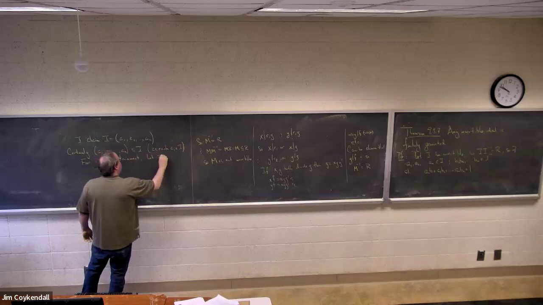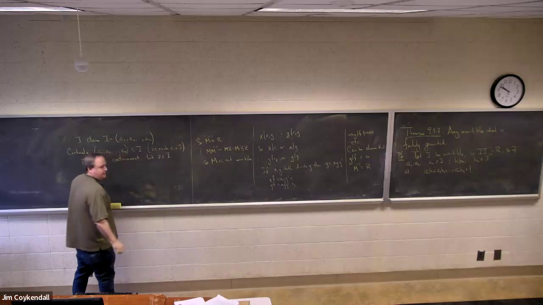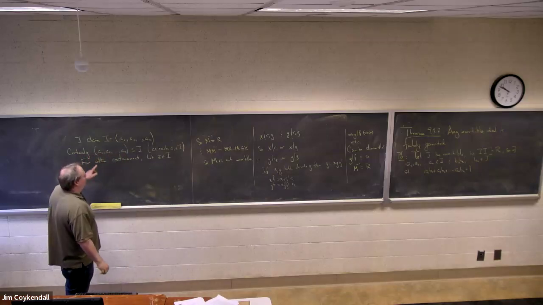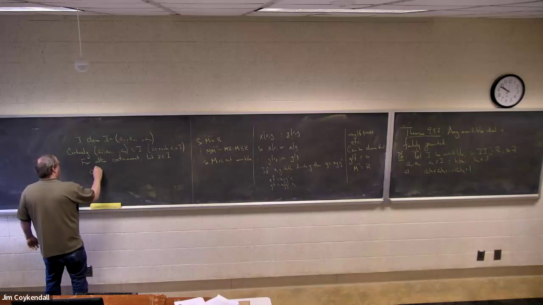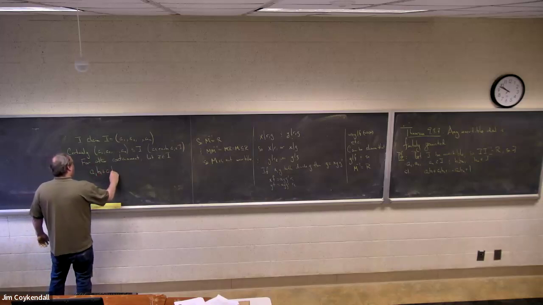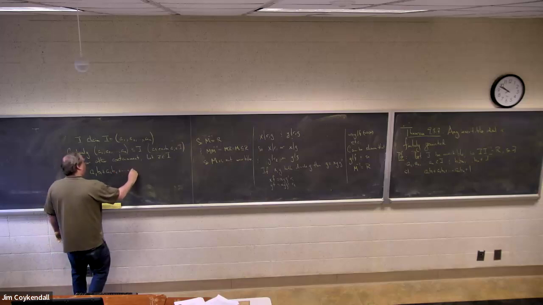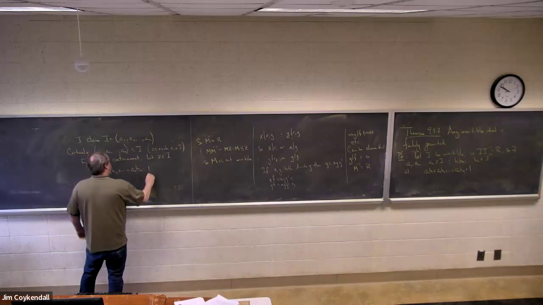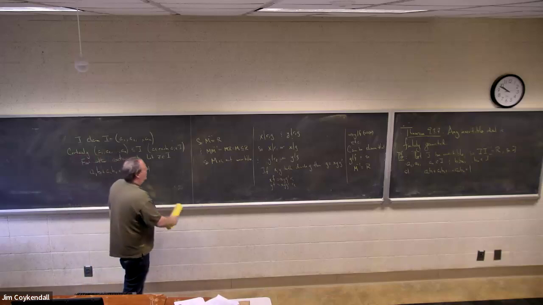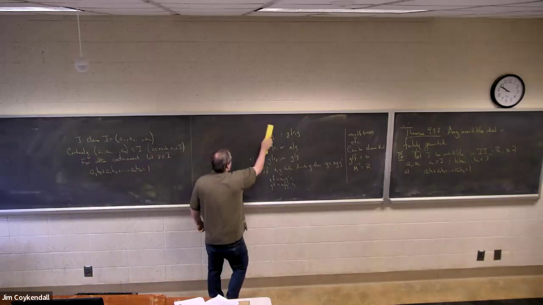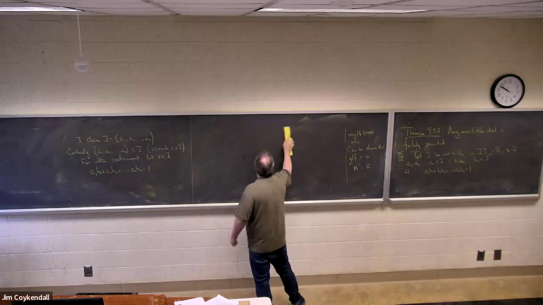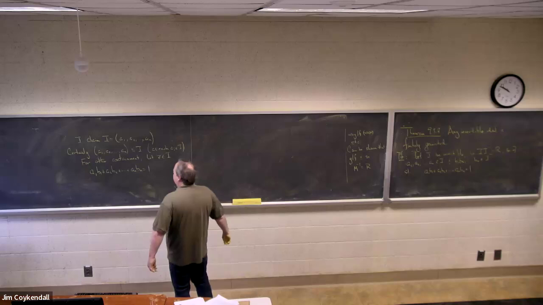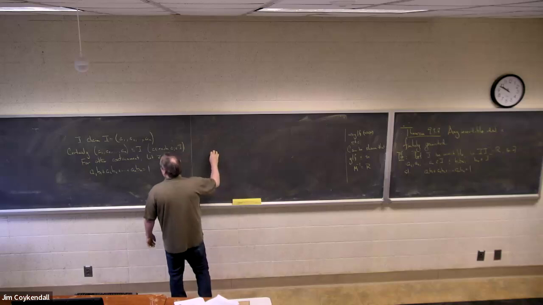Let C be in I. Notice that I'm going to multiply this equation by C, and I'm going to do it this way.